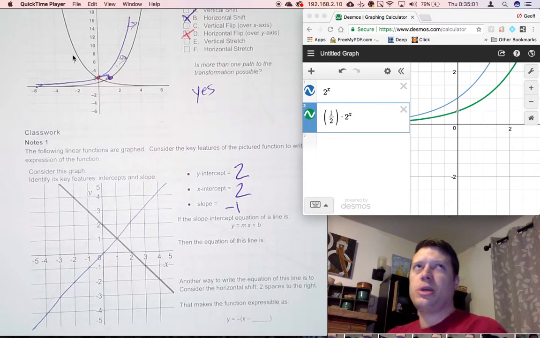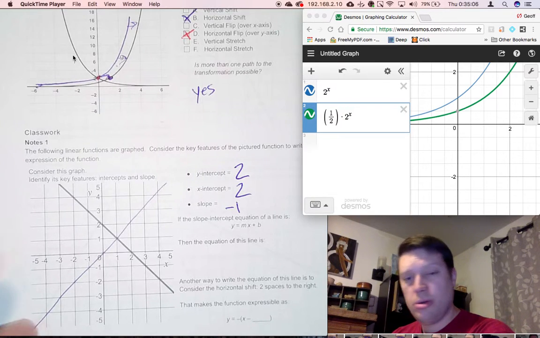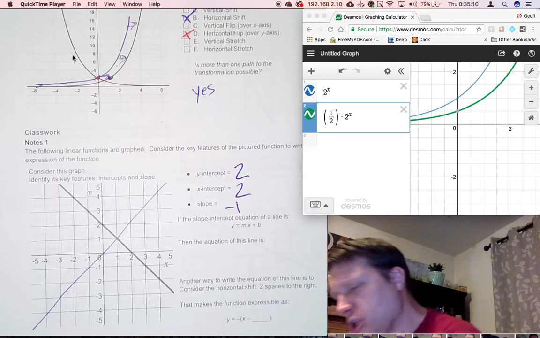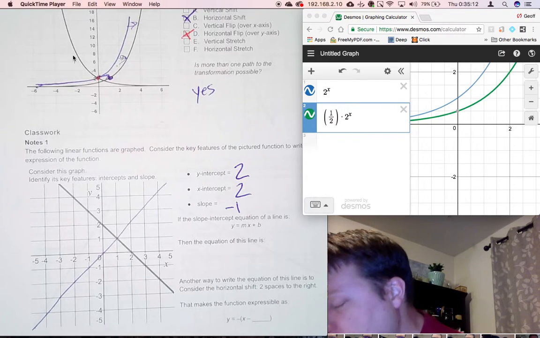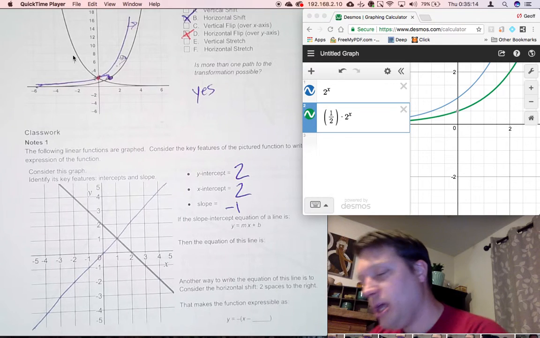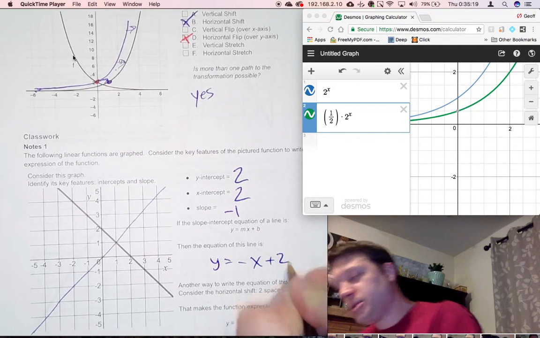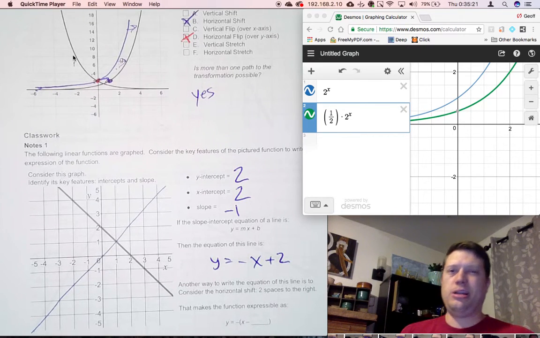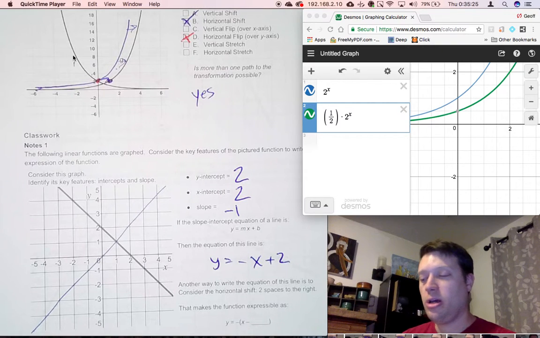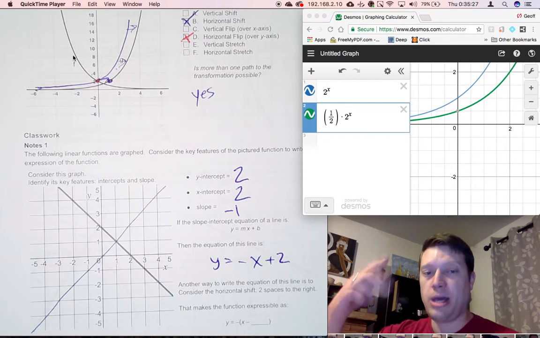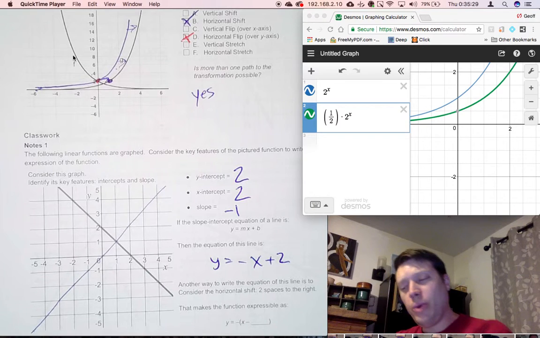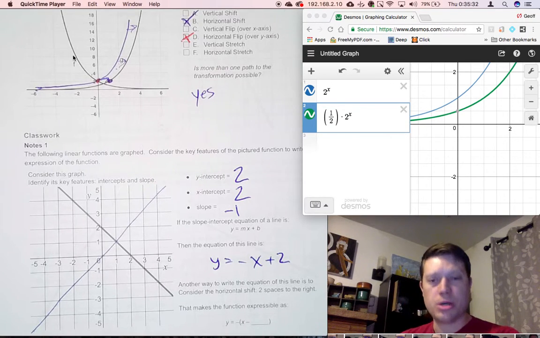Those are key features that we can identify from the graph, but they're also modifications to the original parent function y equals x. If the slope-intercept equation of a line is y equals mx plus b, then the equation of this line is y equals -x plus 2. You got to be able to do that. That's 8th grade. But another way to write this equation is to consider the horizontal shift.